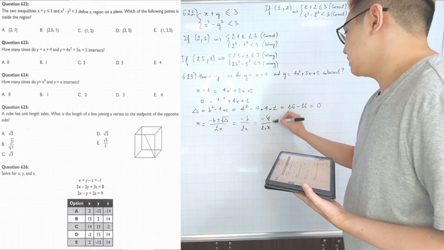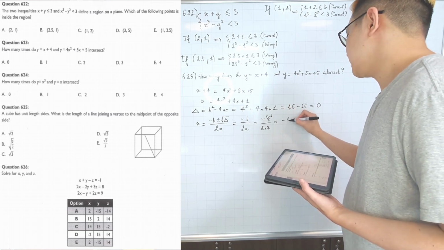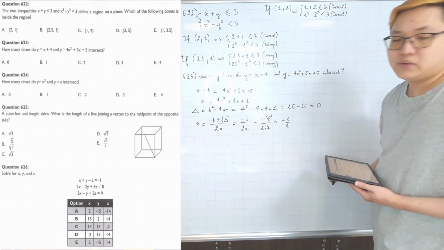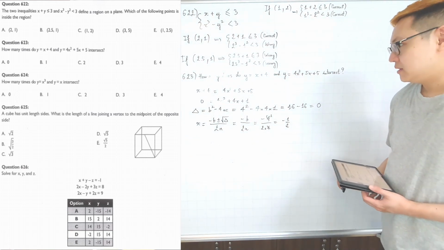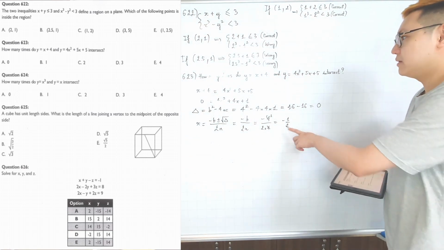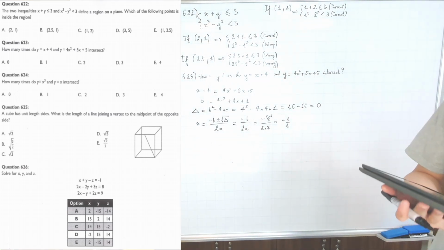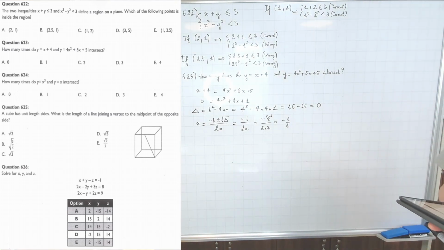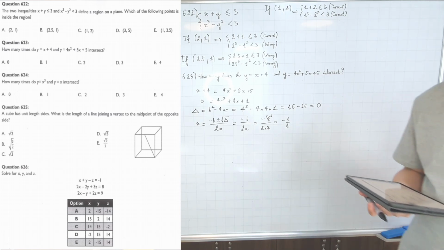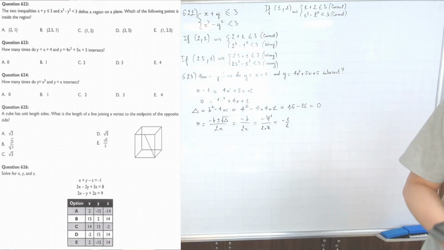It's going to be minus half. You have only one x value, isn't it? One x value would mean you have only one y value as well. So it means the two things intersect only one time, isn't it? Answer B. Can you check please?